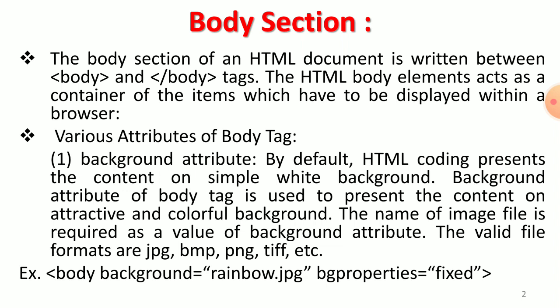Various attributes of the body tag. First is the background attribute. By default, HTML coding presents the content on a simple white background. The background attribute of the body tag is used to present the content on an attractive and colorful background.